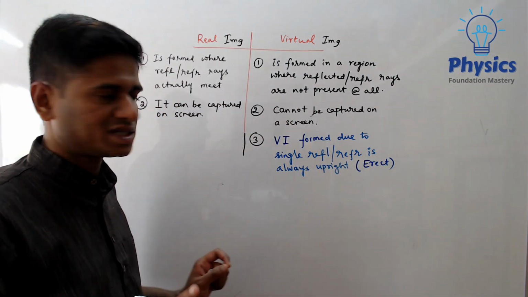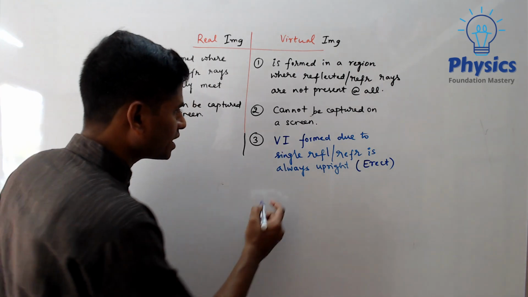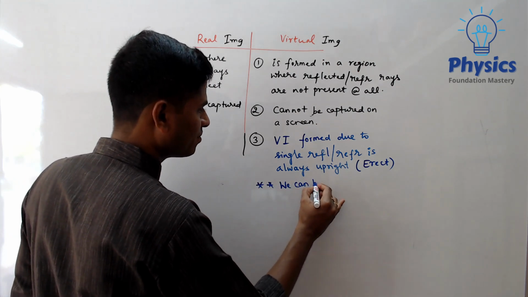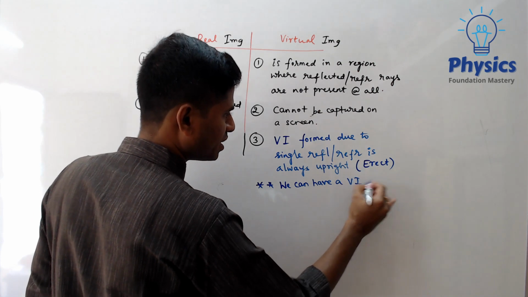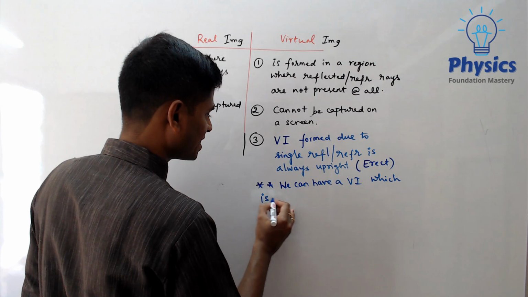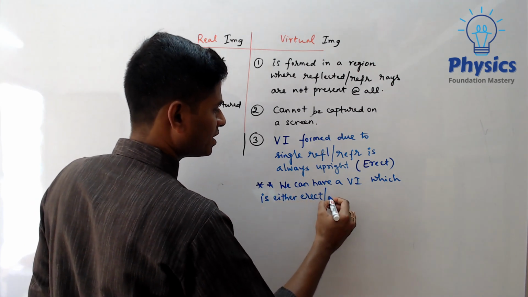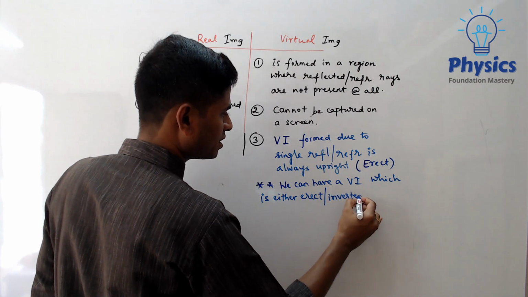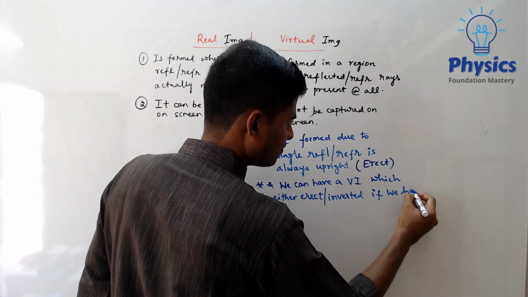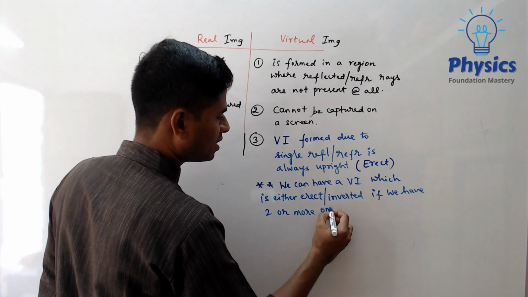However, we cannot say that a virtual image is always erect. We can have a virtual image which is either erect or inverted if we have two or more optical elements.